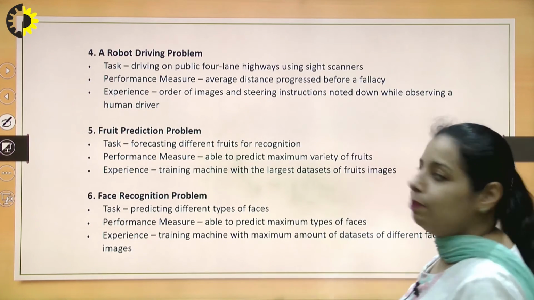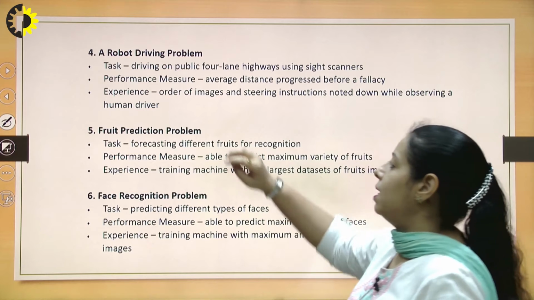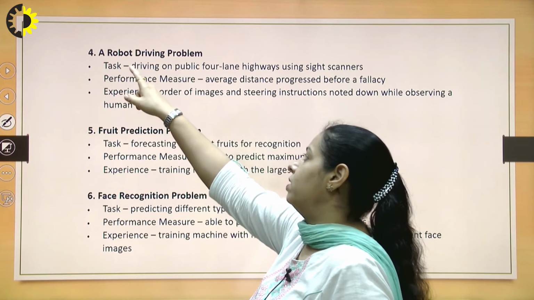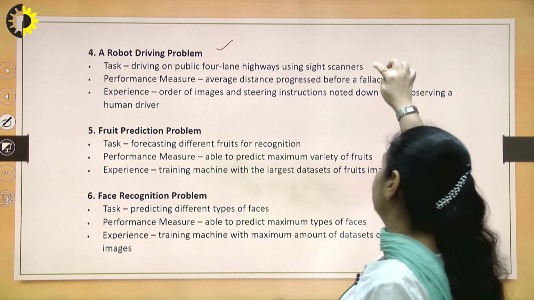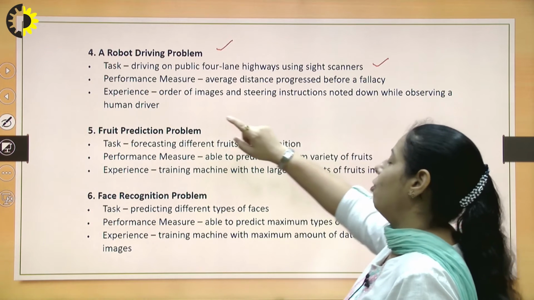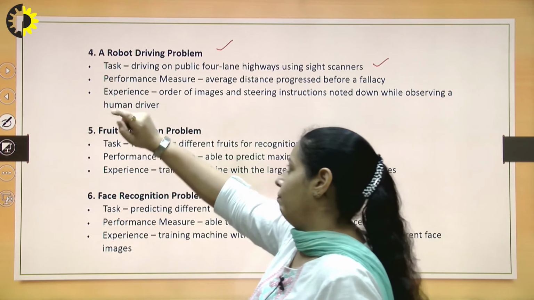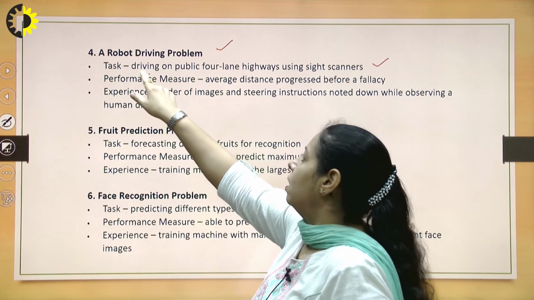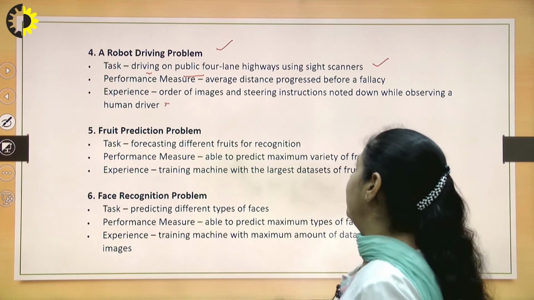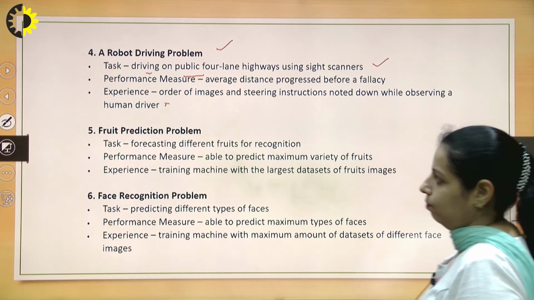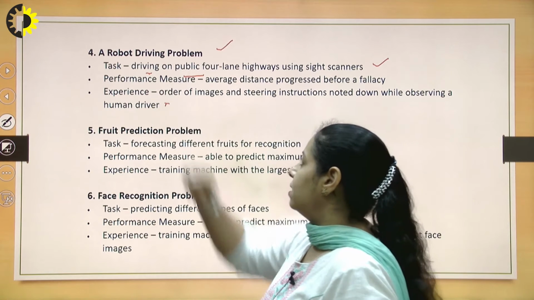taken under well-posed problems. Let's see another example, the fourth example, which is a robot driving problem. Here we have task T, performance measure P, and experience E. The task is driving on a public four-lane highway using vision sensors.